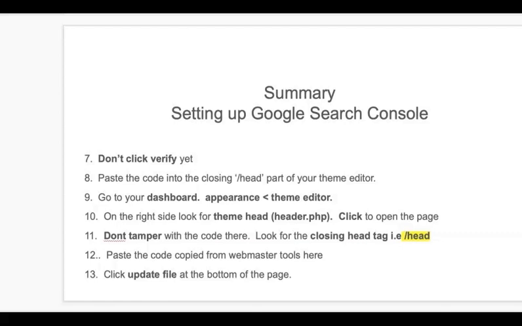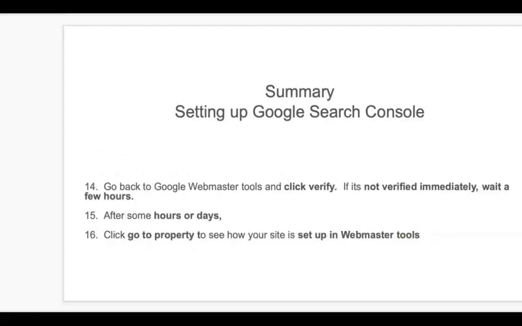Start from the top, look for the opening head and the closing head with the slash before it. Leave a space and then paste the code before the closing head section. Go down the page and click Update File. After updating the file, go back into Google Webmaster Tools, and now you can click Verify. If it's not verified immediately, wait a few hours. Also, after some hours or days, you go back to Property in Google Webmaster Tools and see how your site is set up.